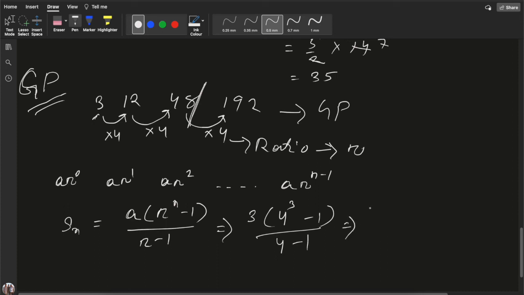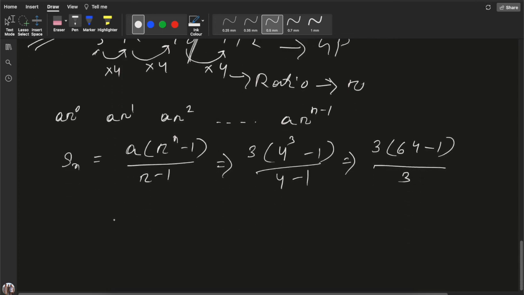We can write this as 3 into 63 divided by 3. So it will become 63, right?